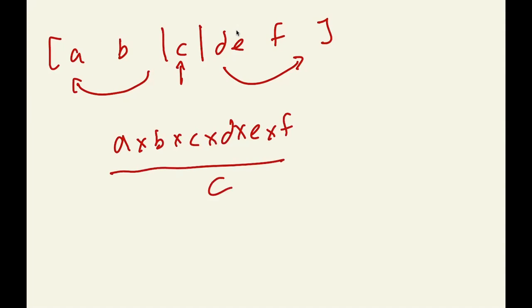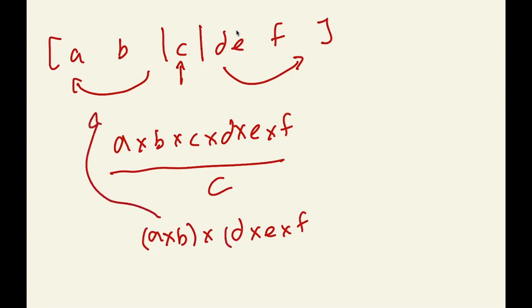It looks like A times B times D times E times F. Now, there's a very natural grouping we can make here. We can group it into a prefix, which corresponds here, and a suffix, which corresponds there. Now there's something we can do with the prefix and the suffix. The question is, how do we get that prefix? How do we get that suffix?